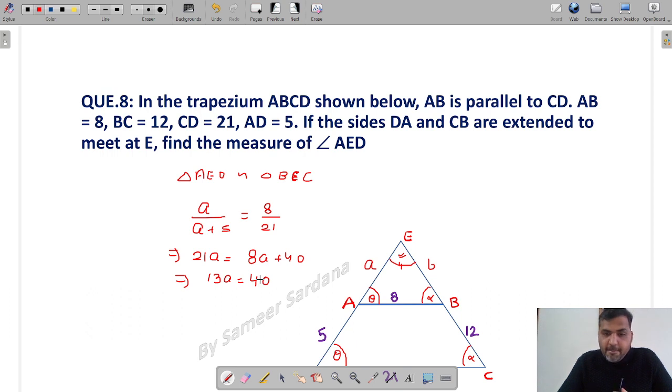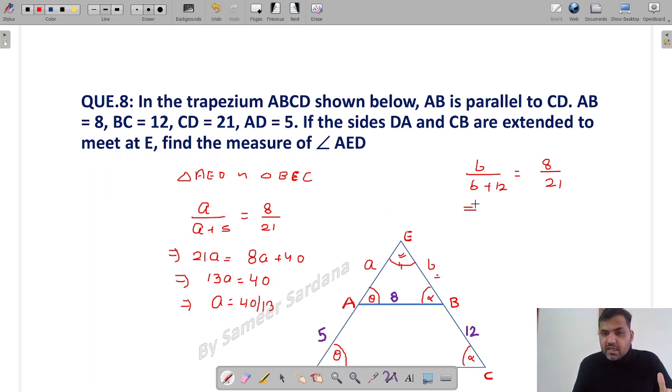So the value of A will be equal to 40 upon 13, right? Similarly here also you can see that B upon B plus 12 will be equal to 8 upon 21, right?